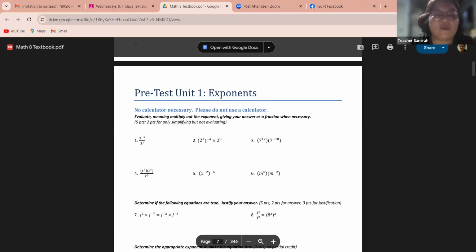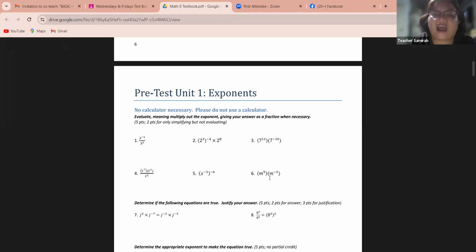Like this one, the number 6. Can you see the number 6? M with the exponent of 5 multiplied by M with the exponent of negative 2. What are we going to do with the exponent as well as with the base? Considering that the base is actually the same, what will happen?